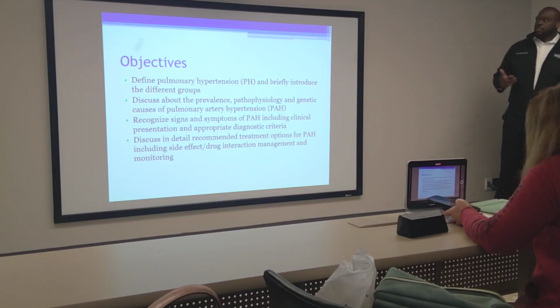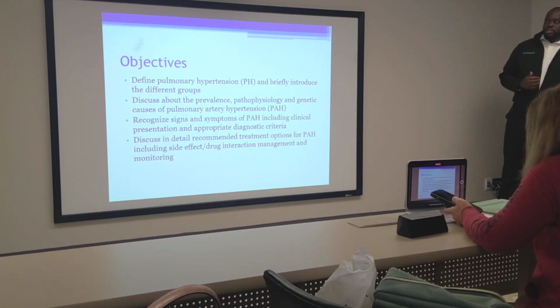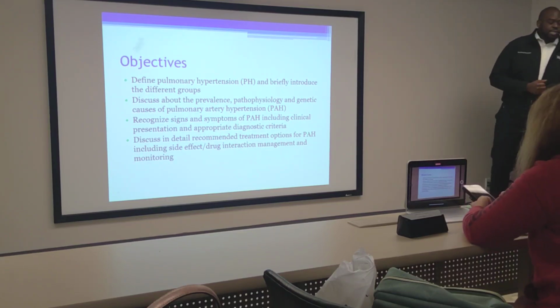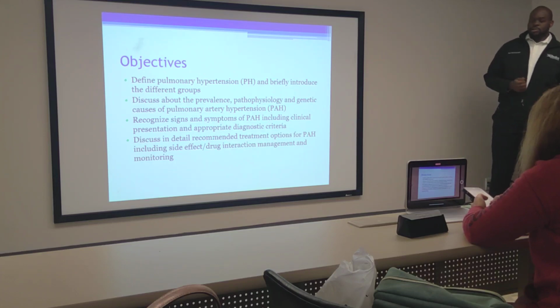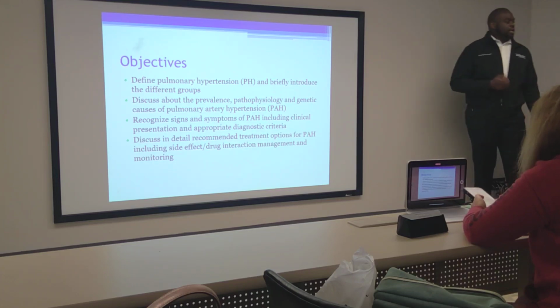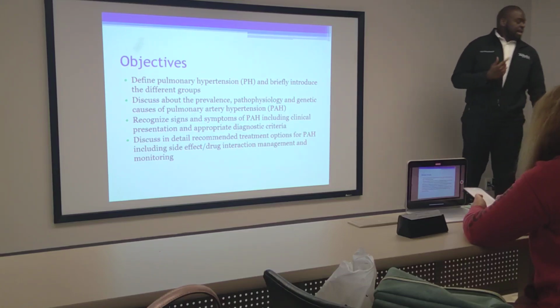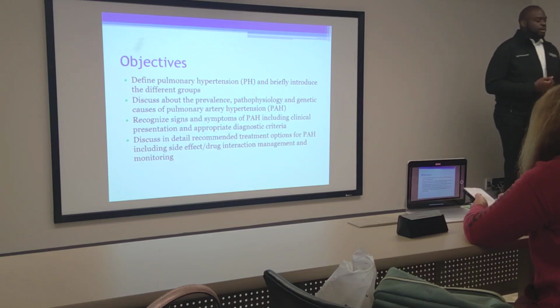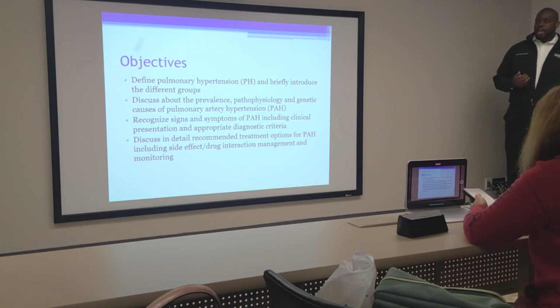We're also going to discuss the prevalence, the pathophysiology, and genetic causes of pulmonary artery hypertension, also known as PAH. Next, we will recognize signs and symptoms of PAH, including the clinical presentation and appropriate diagnostic criteria. And lastly, we're going to discuss in detail recommended treatment options for PAH, including side effect, drug interaction management, and monitoring.